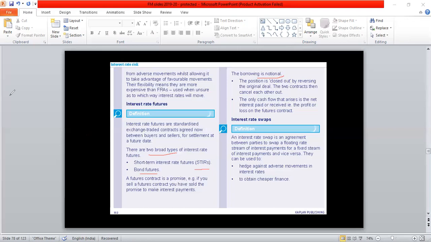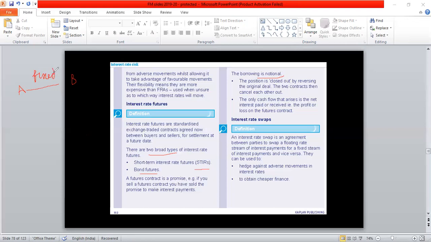Let's say that there is one entity A. A has entered into an agreement with another counterparty B at a fixed rate.